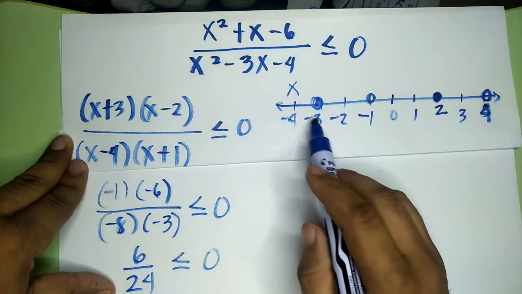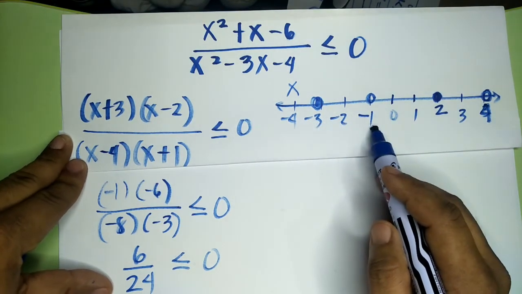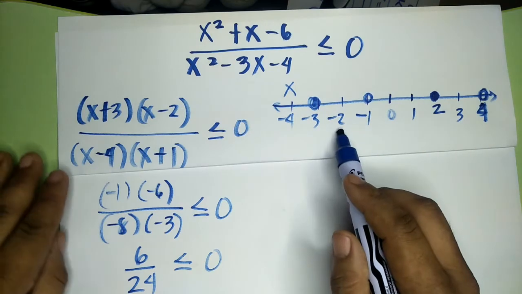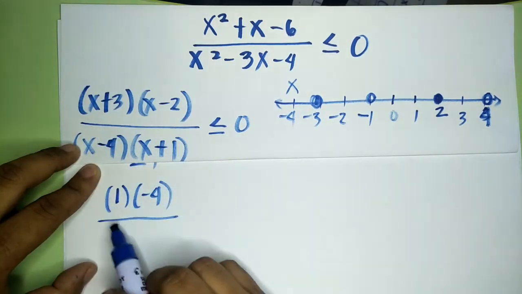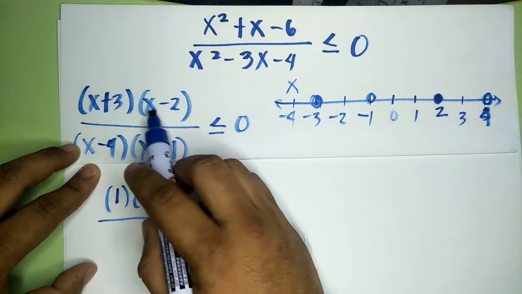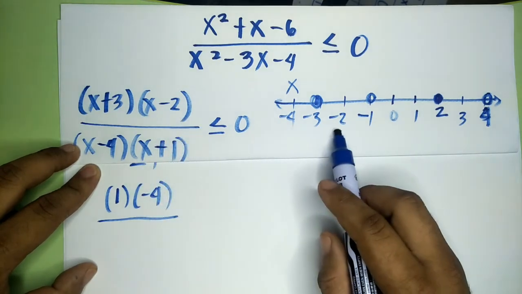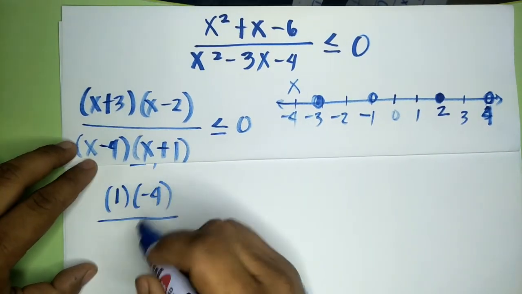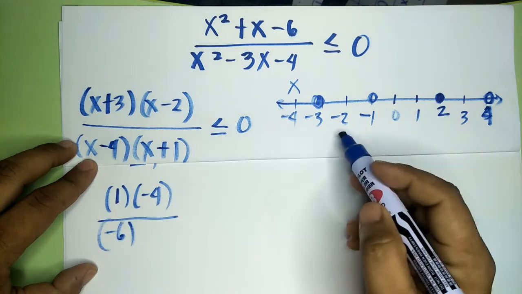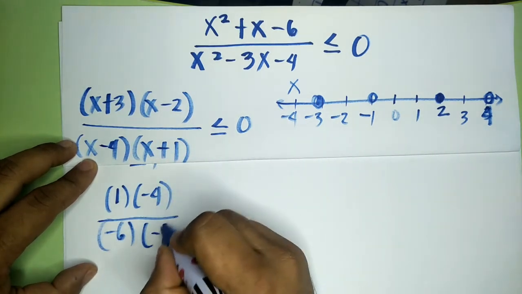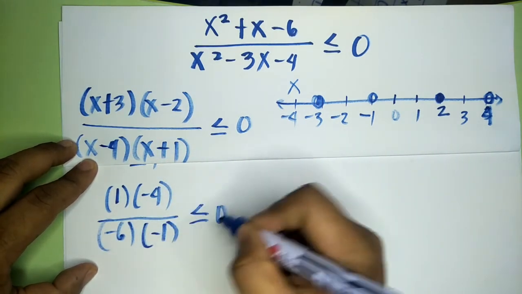How about nasa pagitan ni negative 3 at negative 1? Subukan natin yung negative 2. Negative 2 plus 3, that is positive 1. Negative 2 minus 2, that's negative 4. Negative 2 minus 4, that is negative 6. Negative 2 plus 1, that is negative 1. Less than or equal to 0.